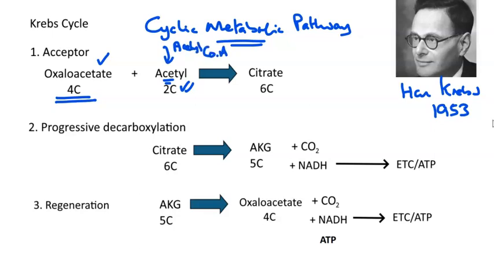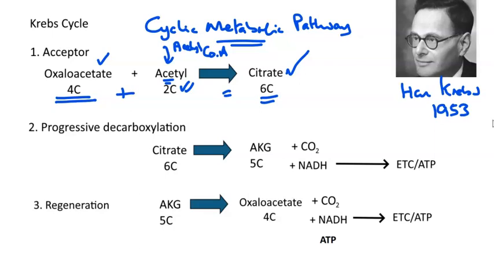So the CoA drops off the acetyl group, it attaches to the oxaloacetate and forms the 6-carbon citrate molecule, which is a tricarboxylic acid. And of course, this is composed of 6 carbons, 4 plus 2, making 6.